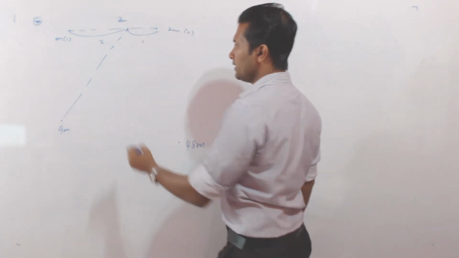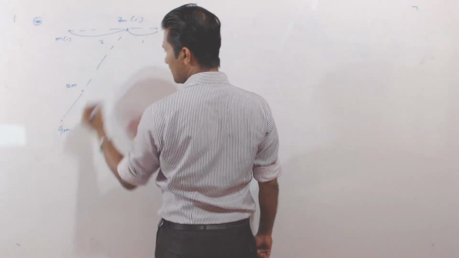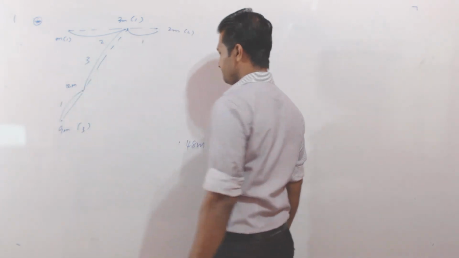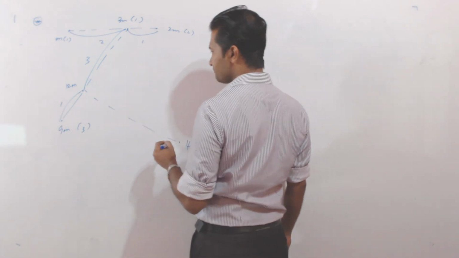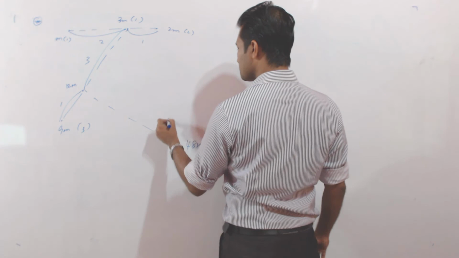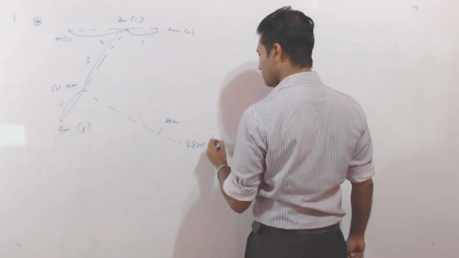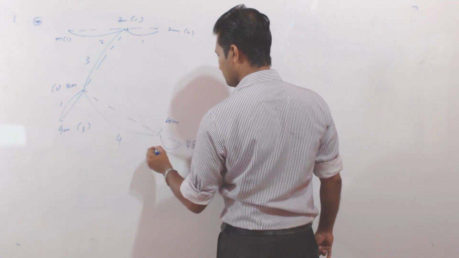What happens altogether? 12m, this is 1, this is 3, so this ratio is 1, this ratio is 3. Now you have to consider 12m and 48m, altogether 60m. So what would be the ratio? This is 1, this is 4. So this is 4, this is 1.